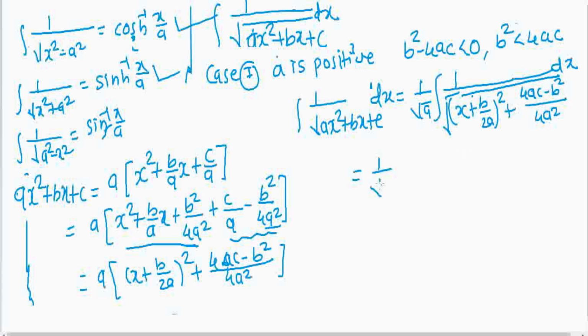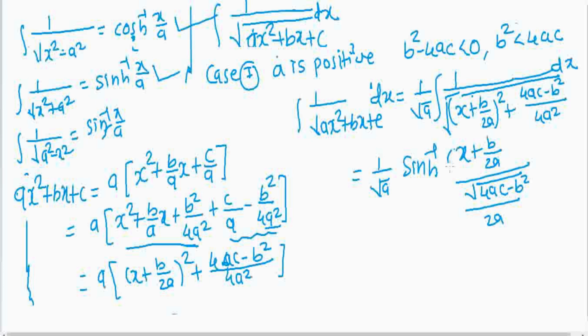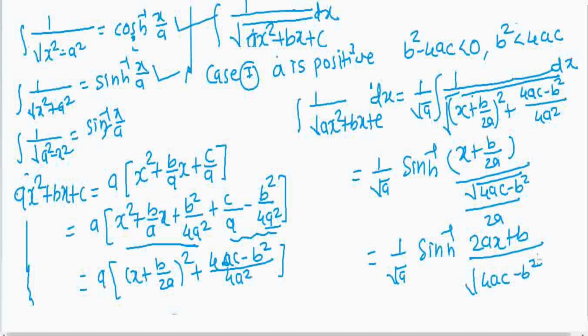So 1 divided by the square root of a into sinh inverse of x plus b divided by 2a divided by the square root of 4ac minus b square over 2a. Now take the LCM in the numerator, and this 2a gets cancelled. We have 1 divided by the square root of a into sinh inverse of 2ax plus b divided by the square root of 4ac minus b square. So we have converted this term into these two formulas.